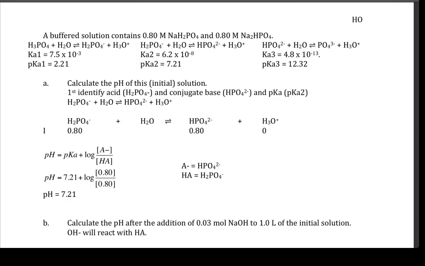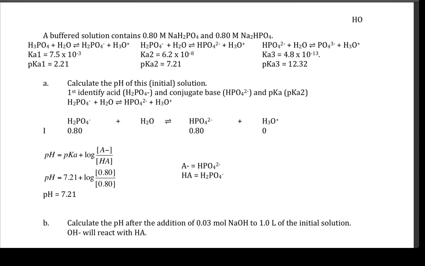The first one, H3PO4 plus H2O in equilibrium with H2PO4 minus plus H3O+, involves H3PO4 and H2PO4 minus. One is part of our buffer, but not the other one.